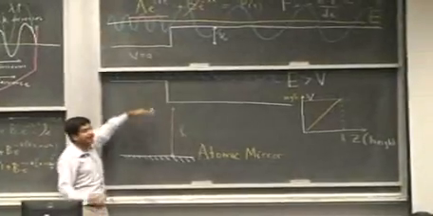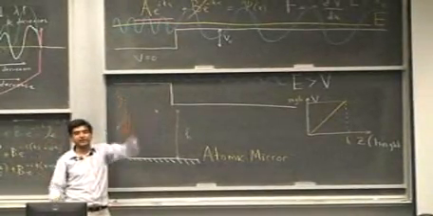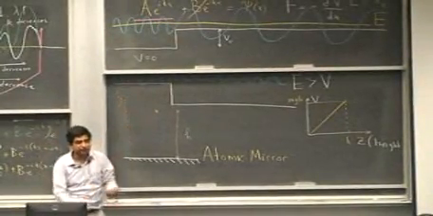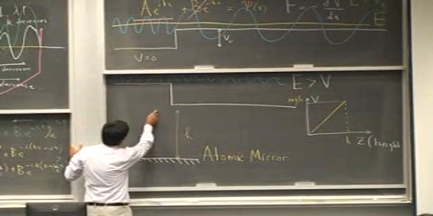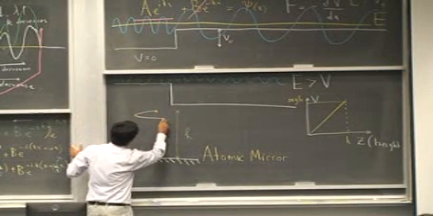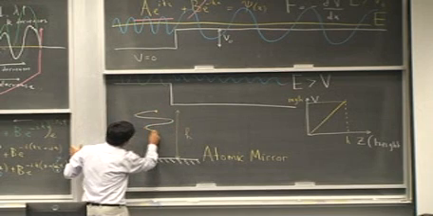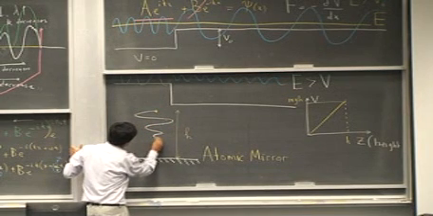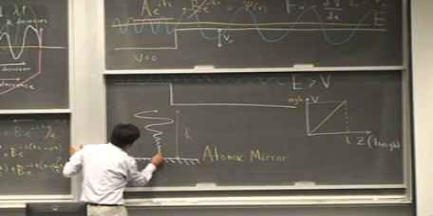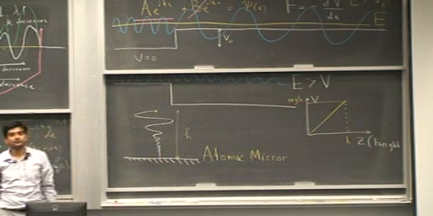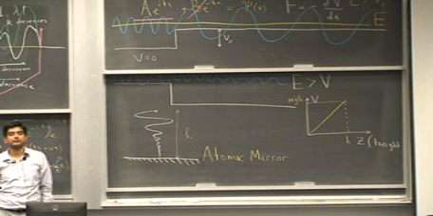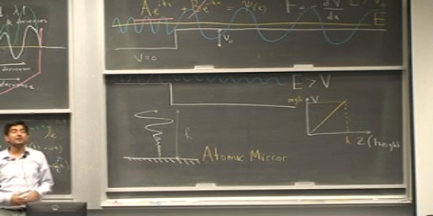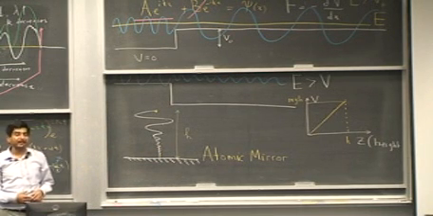Hence, at higher altitudes, you have longer wavelengths, and at smaller altitudes, you have smaller wavelengths. So the wave function looks like this. This is what the wave function profile looks like in space.